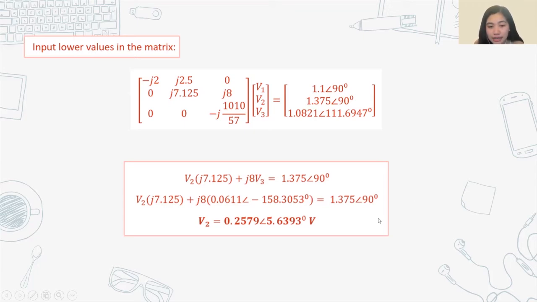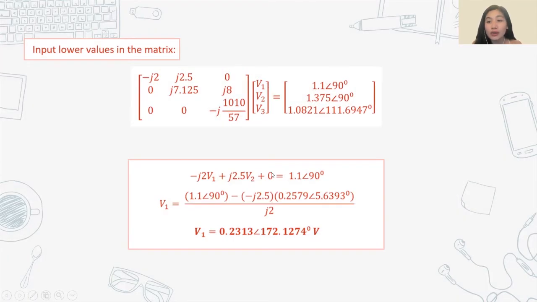Then after getting the difference, we divide it by J7.125 and press the calculator. We arrive at an answer of V2 equals 0.2579 at an angle of 5.6393 degrees voltage. So now we have the value of our second voltage.